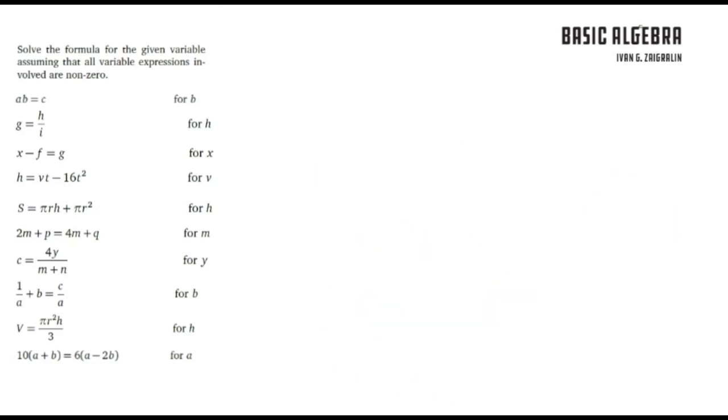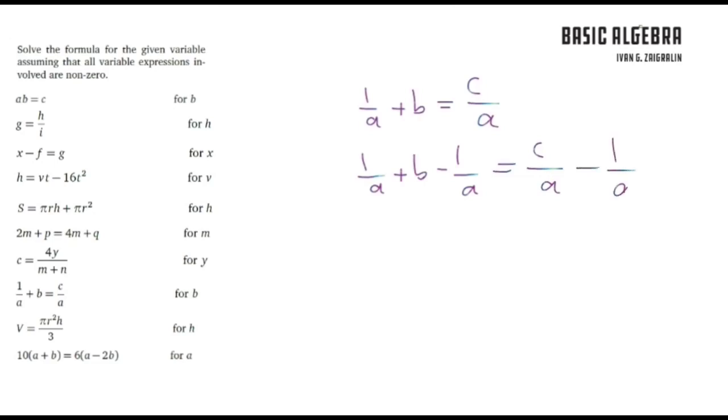The next equation, 1 over a plus b equals c over a, and we're gonna solve the formula for b. So firstly, we subtract the 1 over a from each side. 1 over a plus b minus 1 over a equals c over a minus 1 over a.